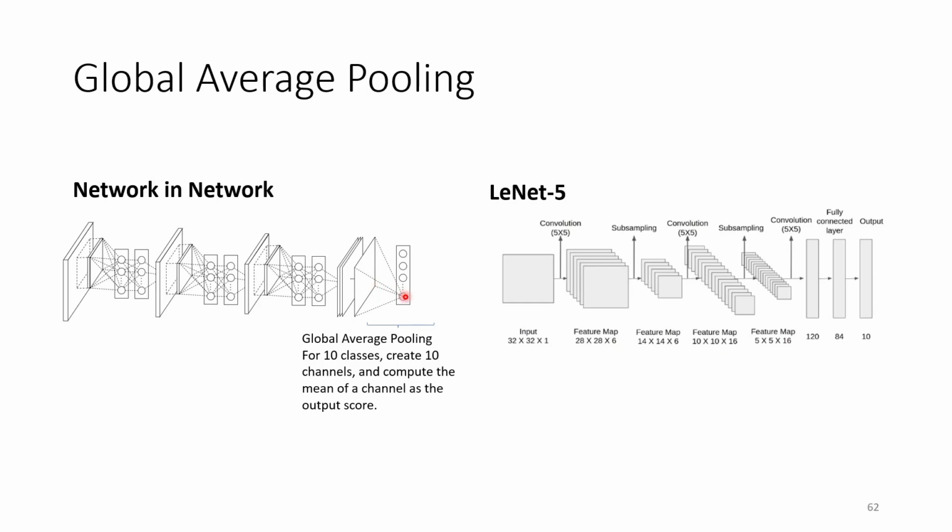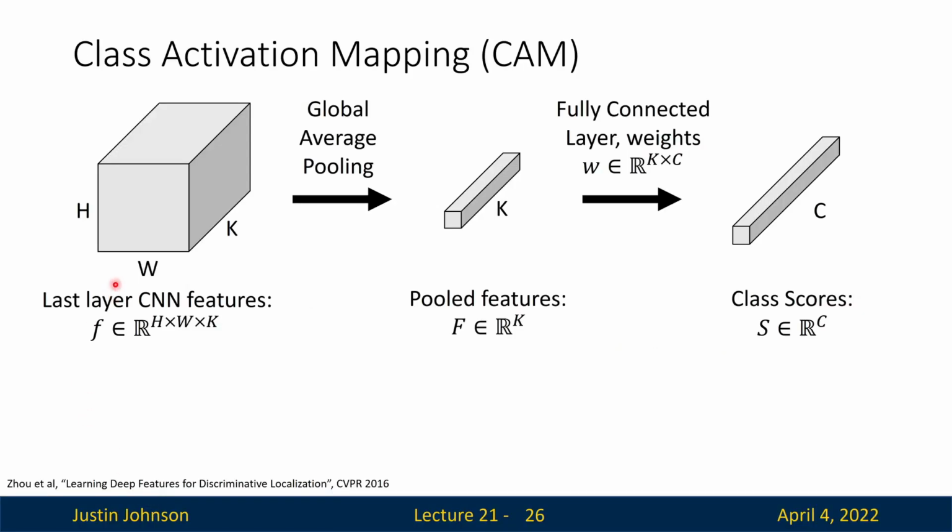Here, let's go back. If we want to show the mathematical expression, it's like this. This is the last layer of the convolution. There are k channels. Channel means the number of your classes. And for each channel, the height and width are H and W. Global average pooling means you will average the whole image into just a single value.